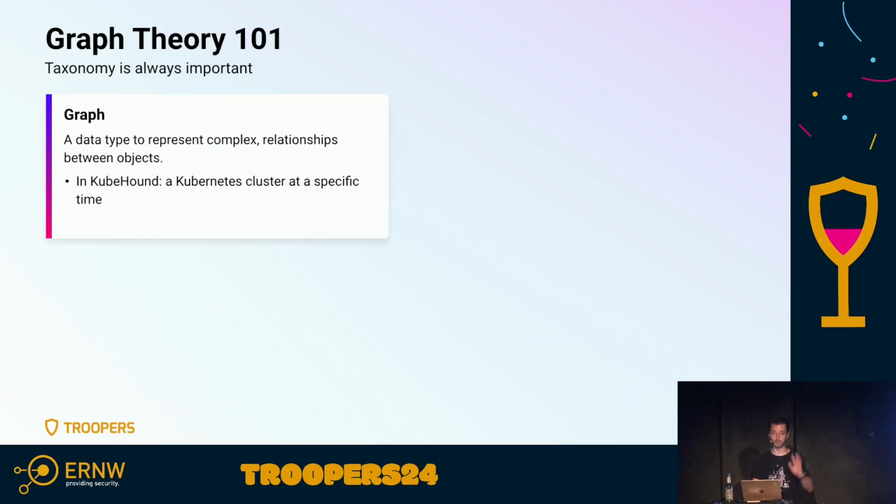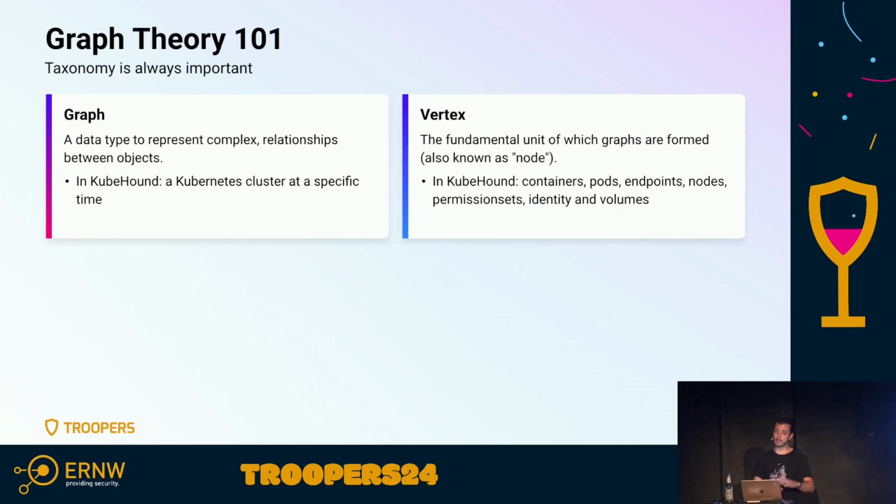First, we have a graph. It's the complex representation of what we want to output. Then we have vertices, which can also be called nodes, but for obvious reasons I will avoid that, because you would not see the difference between a Kubernetes node and a node from graph theory, so I will call them vertices.